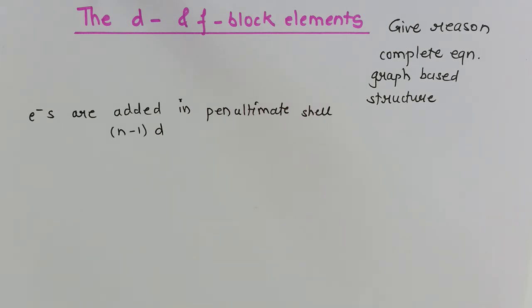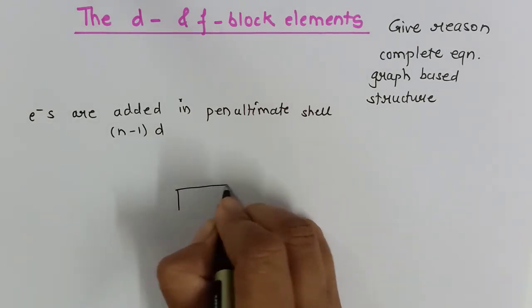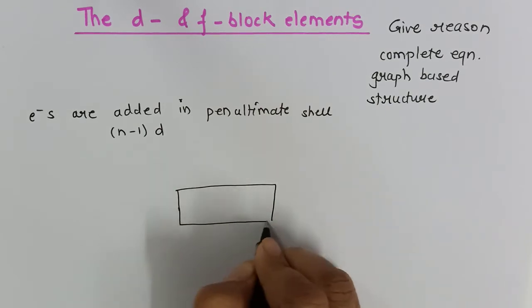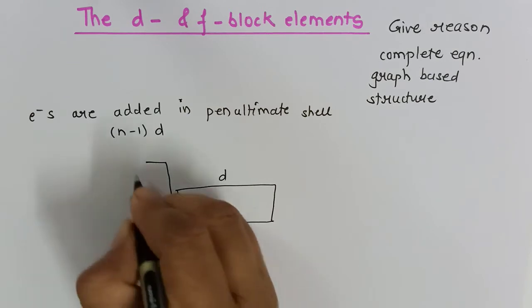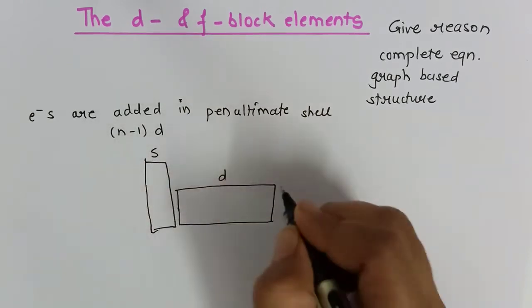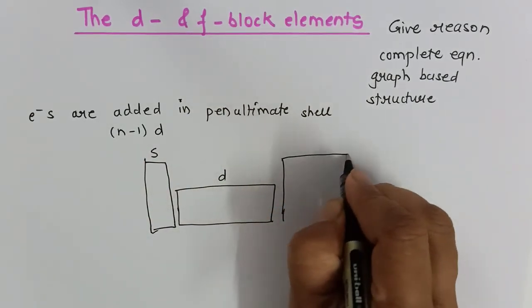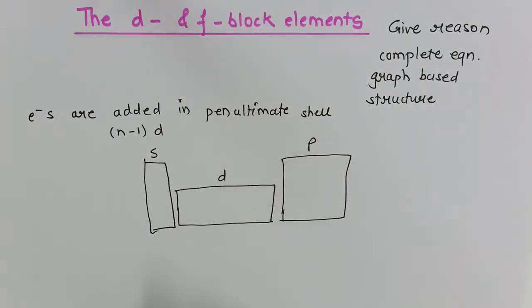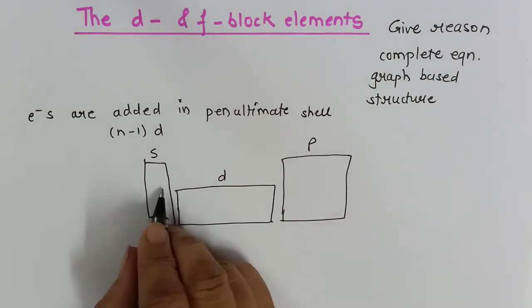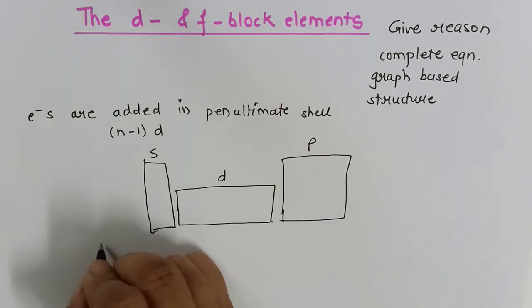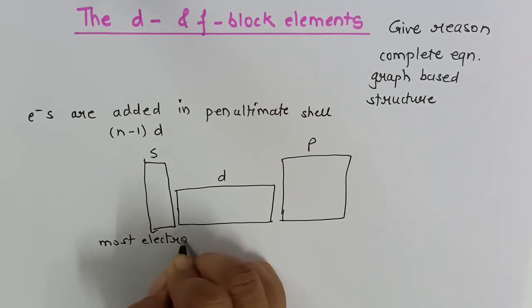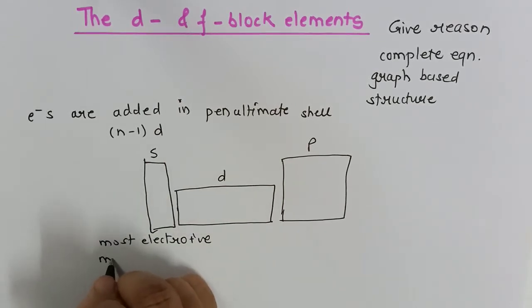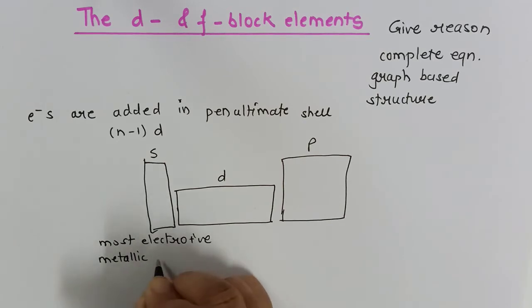What is the position of D block in the periodic table? This is D block and it is sandwiched between S block and P block. The F block is written separately. Now we know all the elements present in S block are most electropositive, or I will say they are metallic in nature.